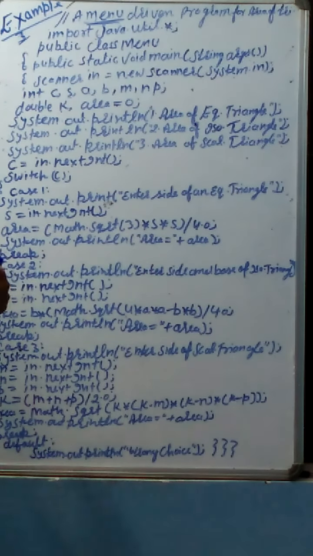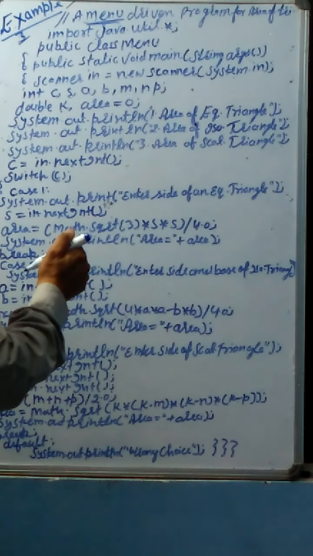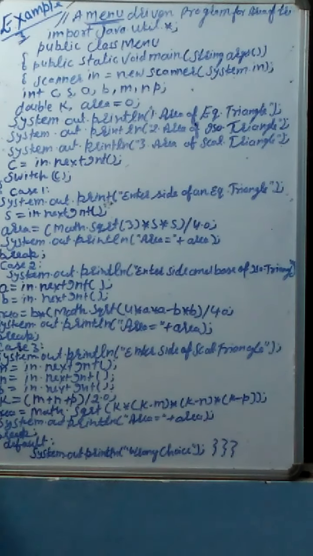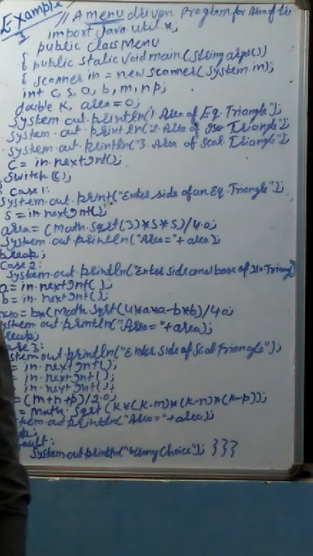Then the area of an equilateral triangle. What is the formula? The formula is square root of 3 upon 4 times side into side.